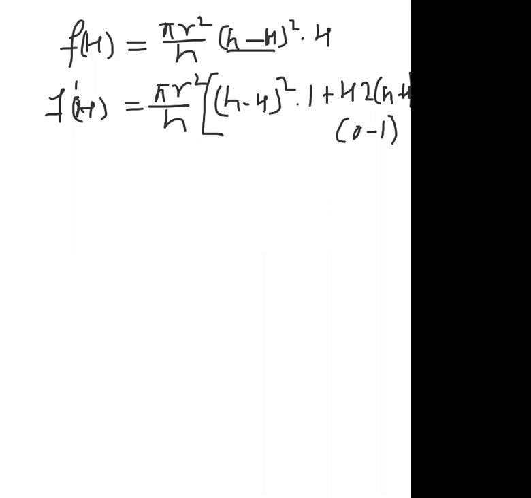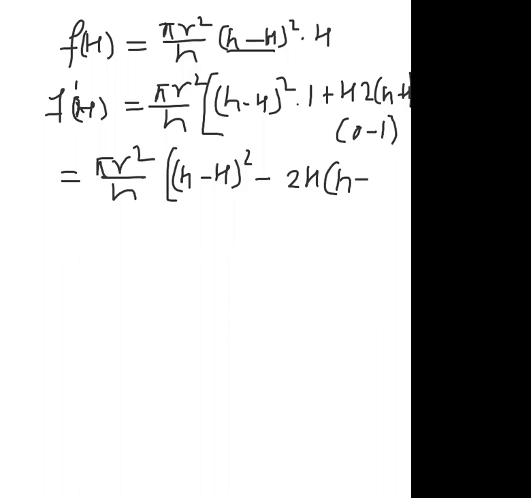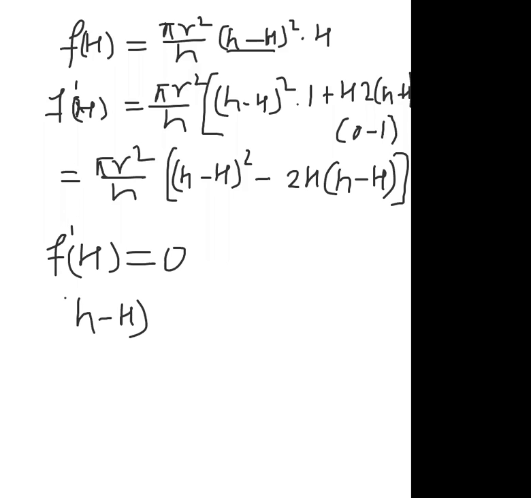So it becomes pi r square upon h square times (h minus H) whole square minus 2H(h minus H). Now we need to put V dash H equal to 0. This becomes (h minus H) whole square is equal to 2H(h minus H). Up to this, I don't think there is any problem.